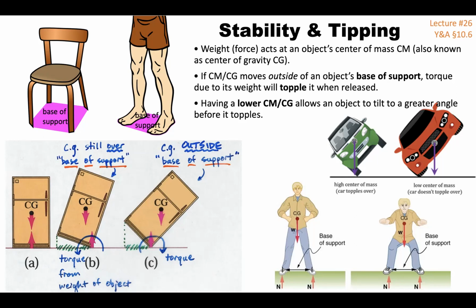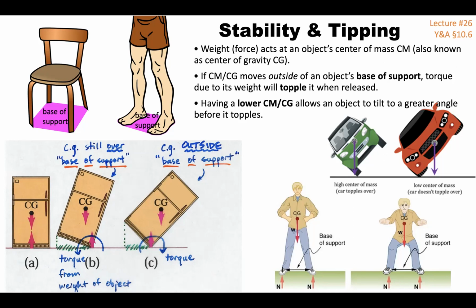In that case, the net torque about the pivot, which is this corner right here, is going to be away from the original equilibrium position, and it will depart and go off into some other state, not return to the original equilibrium position. And that's true of this little green car right here. Notice that its center of gravity is just outside the base of support of its tires. So when this little car is released from this position, it's going to tip away from the original equilibrium position.